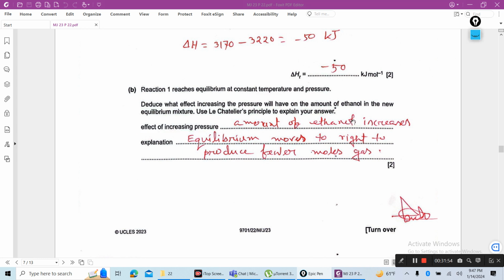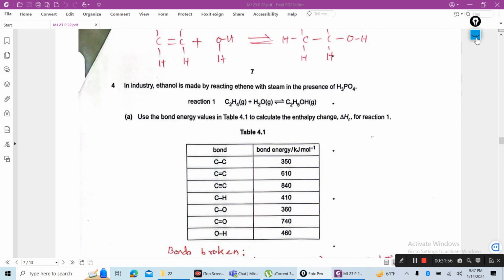You see the equation, product has only 1 mole, reactant has 2 moles. So if you increase pressure, equilibrium will move from left to right, I mean the amount of ethanol will increase because equilibrium will move from left to right as there are fewer molecules on the right hand side.